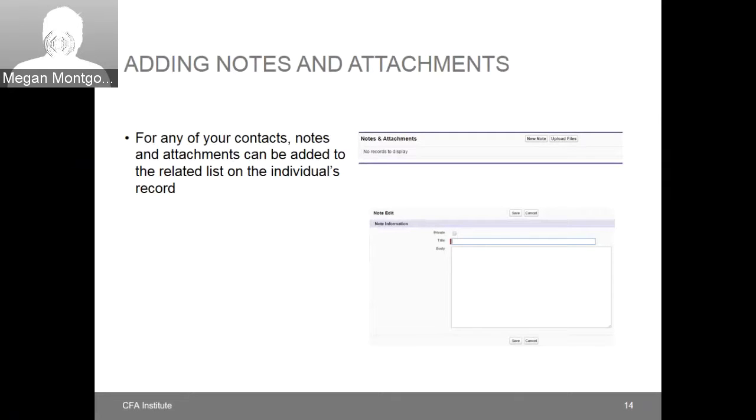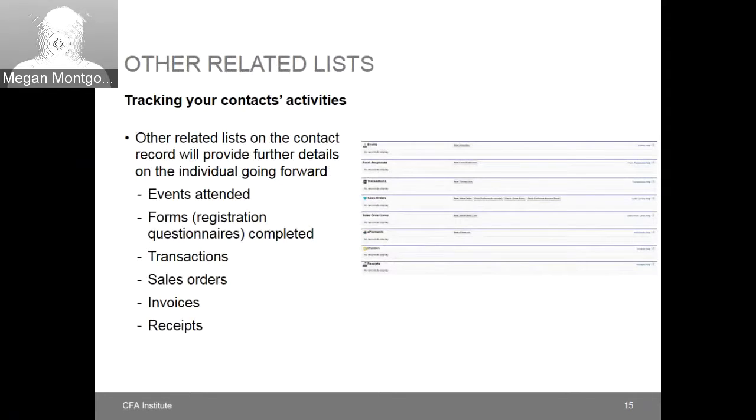And another thing that you can do going forward is you can also see all of the related lists. We already took a look at the badges related list, but there are a variety of other related lists that are on that record that will help you see the history of that person with the society. So you'd be able to see a related list showing all of the events that the person had attended.